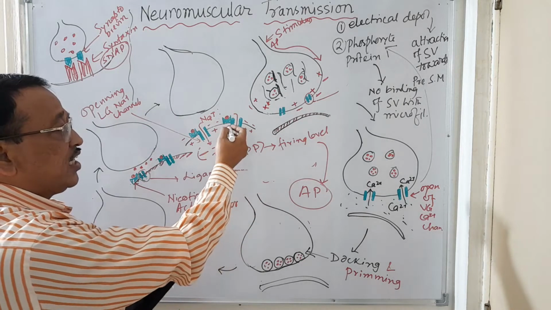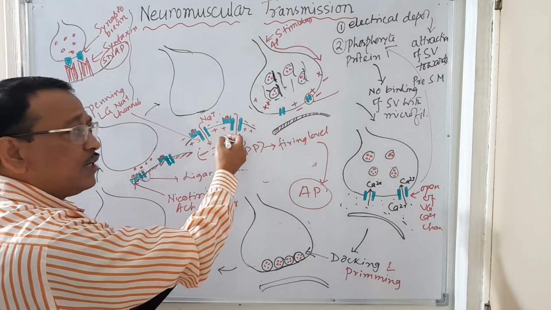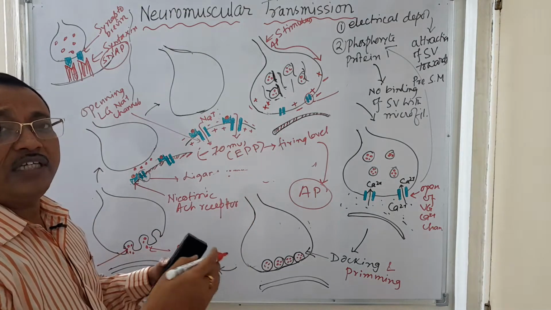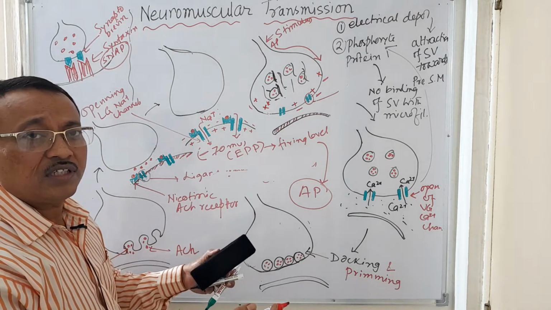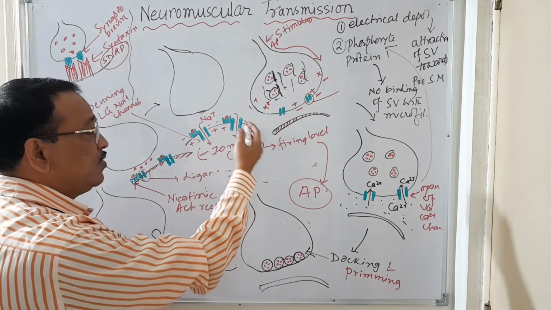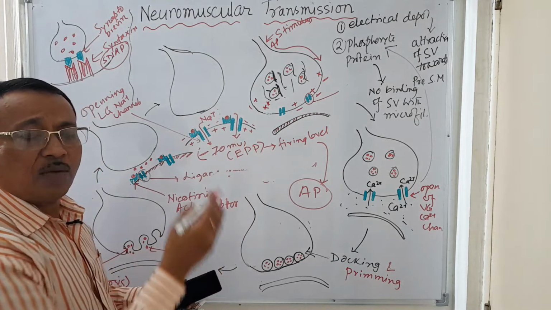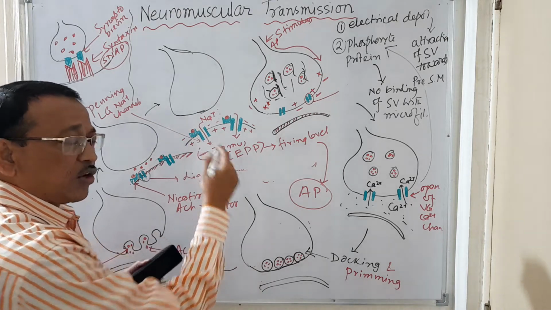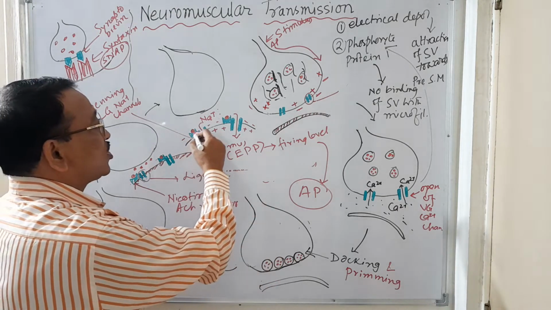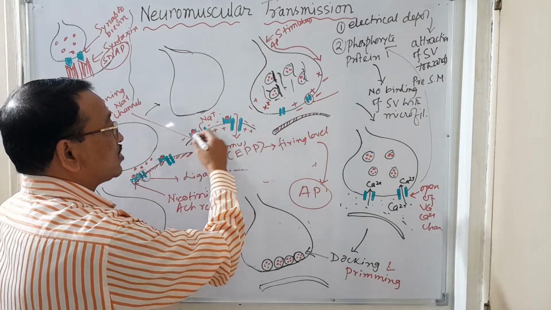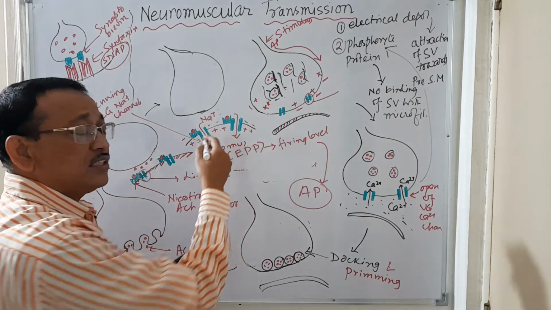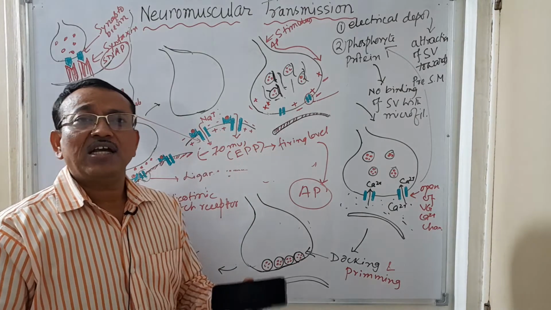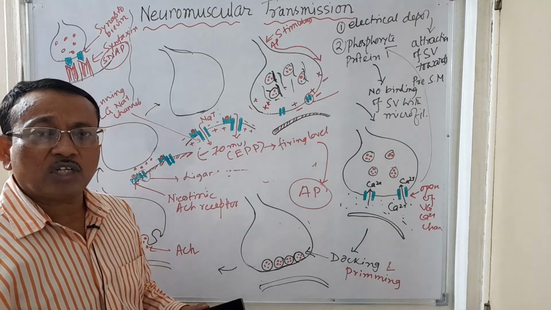In the resting condition it was inside electronegative; now it will be inside electropositive, because of the entry of the sodium ions. This is otherwise known as the depolarization of the sarcolemma, or the muscle membrane. The muscle membrane is depolarized, and that is the first phase of the action potential.